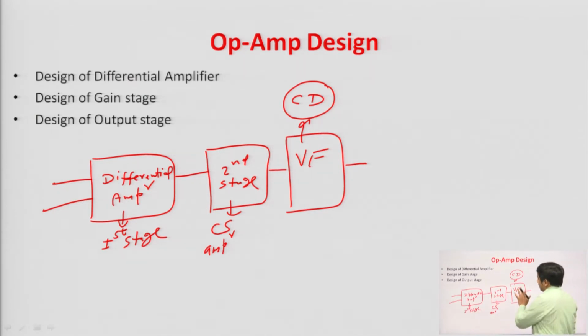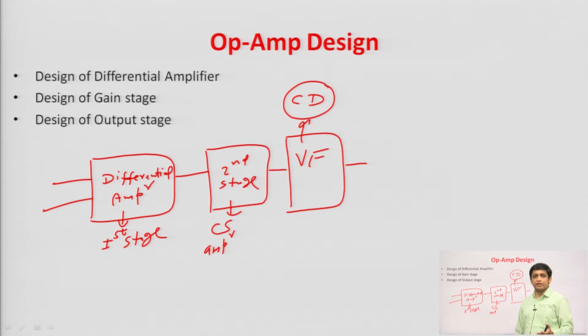So, in operational amplifier, the general structure is: the first stage is the differential amplifier to reject the noise, the second stage is common source amplifier to get higher gain, and normally the output stage is the voltage buffer stage, voltage follower stage. The reason is the output impedance of the voltage follower is very less.